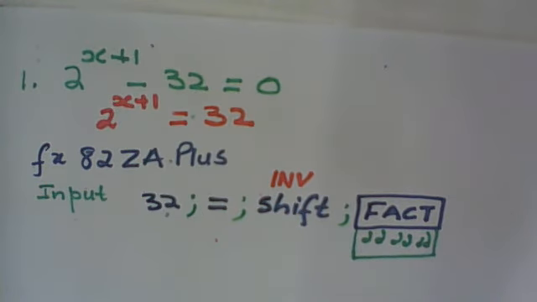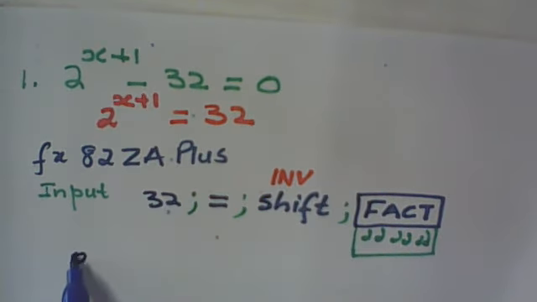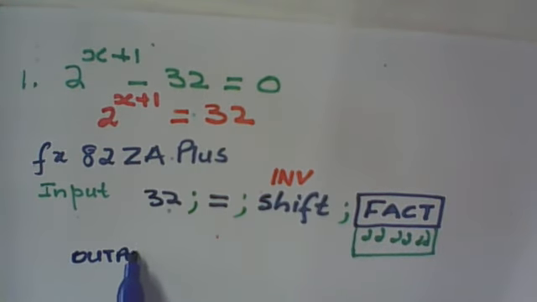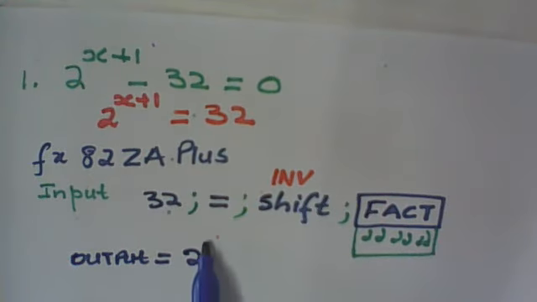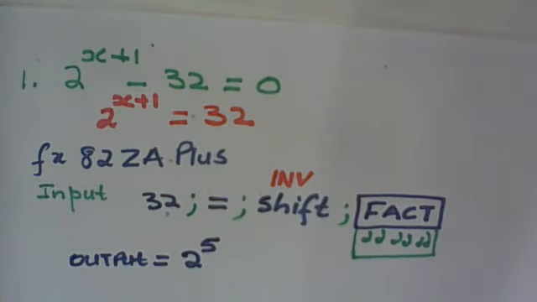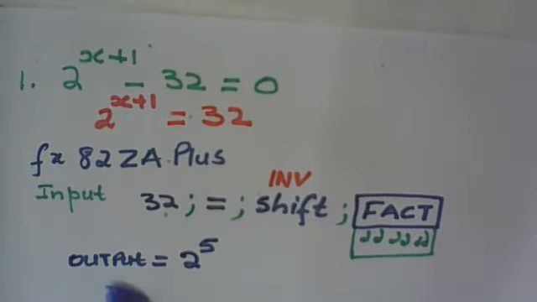Now, the output will be 2 to the power 5. So that's it, guys. This is how to be smart.